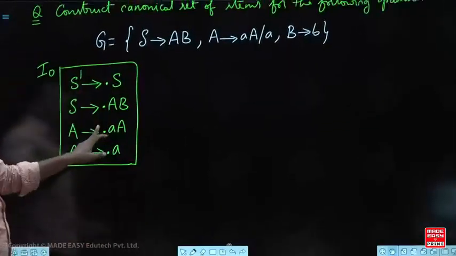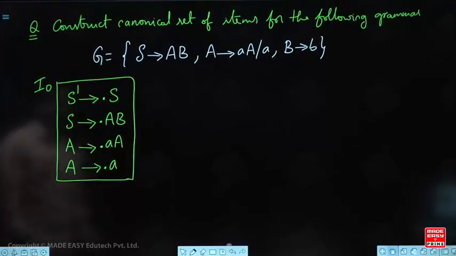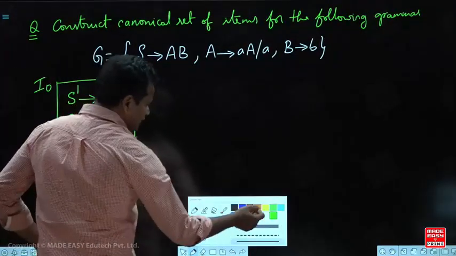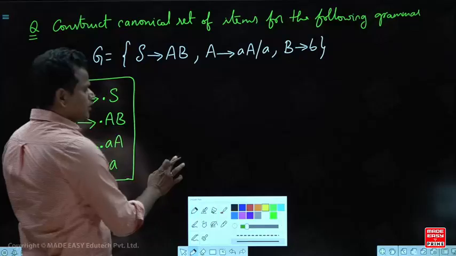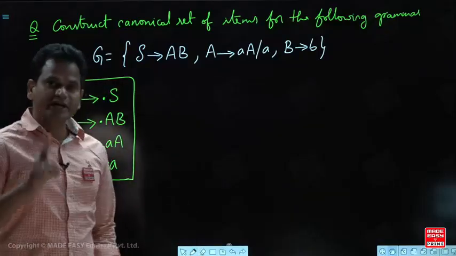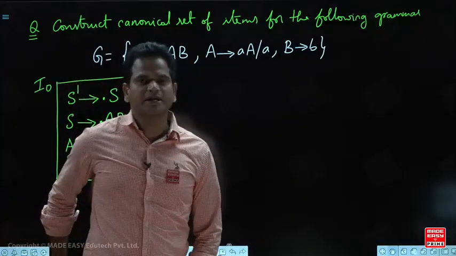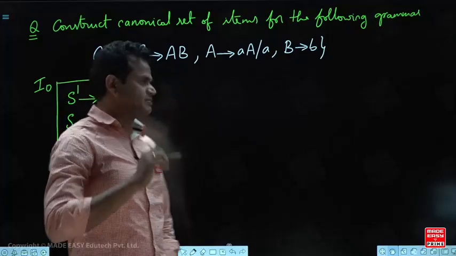Okay, now this is I naught. So now look at this. We must write the goto operation for every shift symbol.